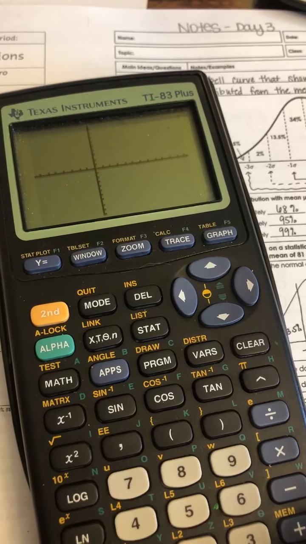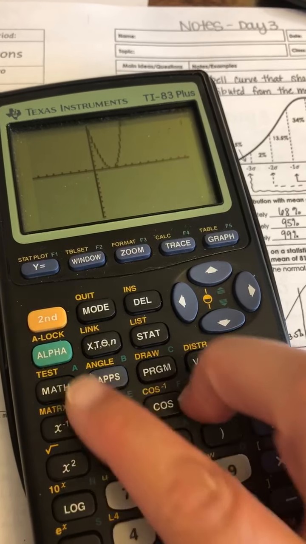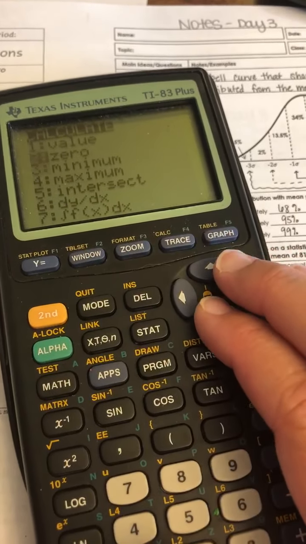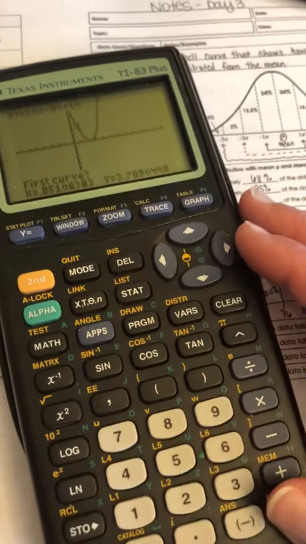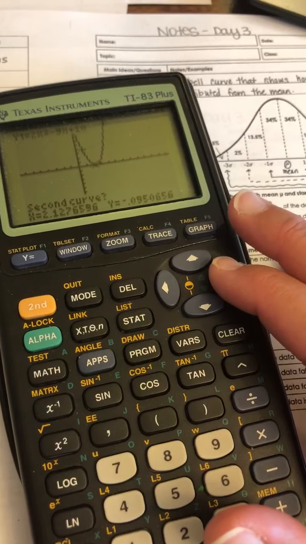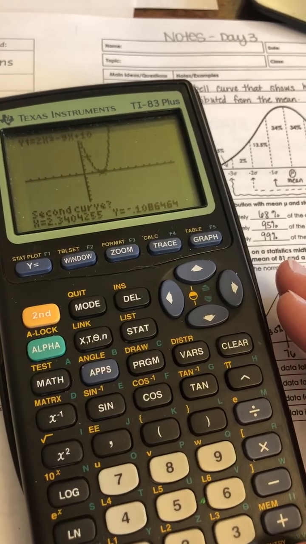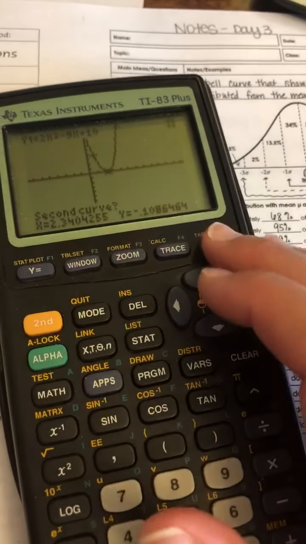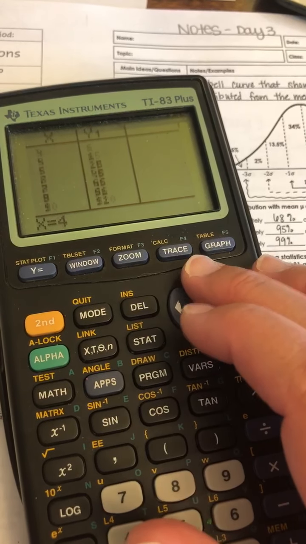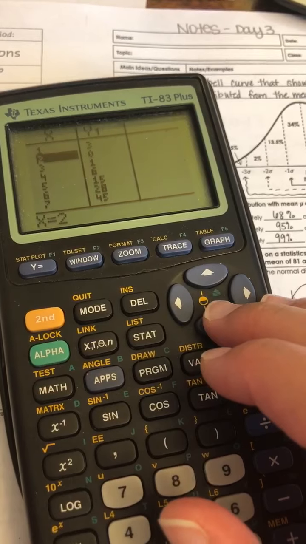Zoom out. Second calc intersect. Left bound. Think I'm close to where the vertex is. Maybe I'm not.